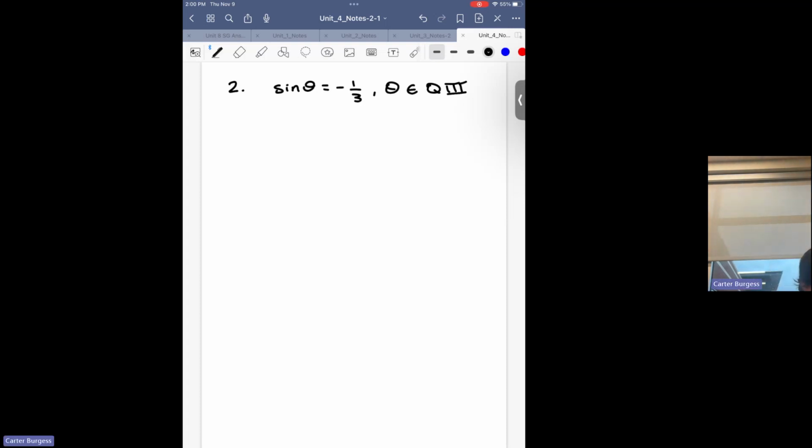And we are trying to find tangent of 2 theta, which we know to be 2 times tangent of theta over 1 minus tangent squared of theta. So really the only thing that we are missing here is to figure out what tangent of theta is. What information do we know that can help us find that?